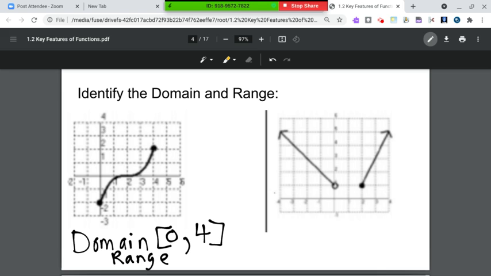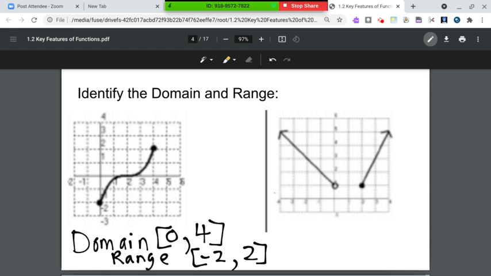My lowest most y value starts at -2, and I'm going to use a bracket again because it's a closed circle. And I'm going to go all the way up to +2, and I'm going to stop it with a bracket. Because those are stopping points, I use brackets. And because they're filled in or closed circles, I use brackets as well.